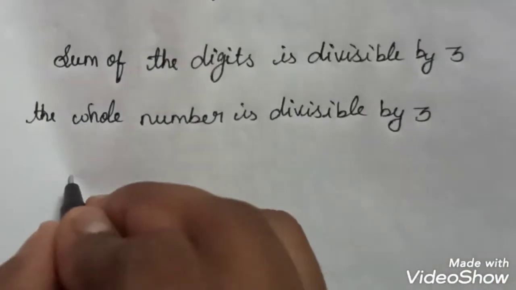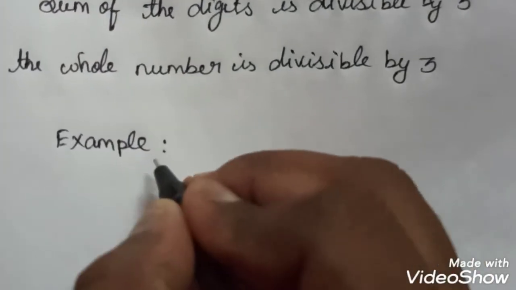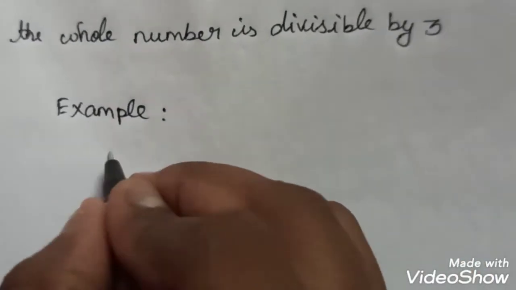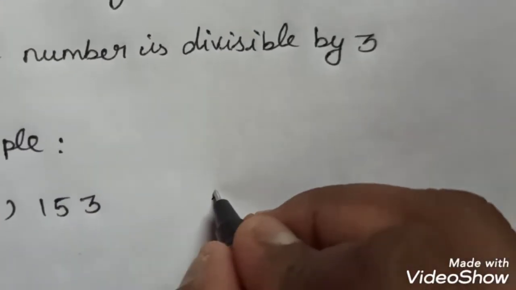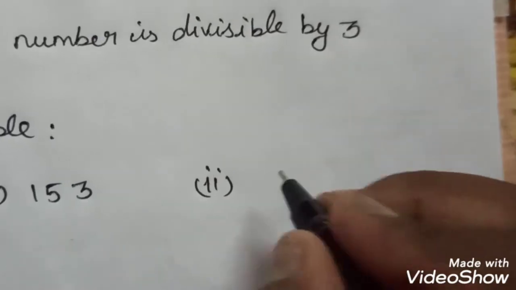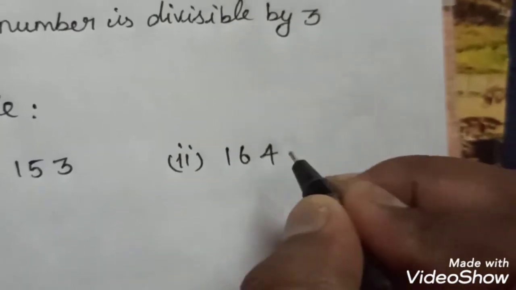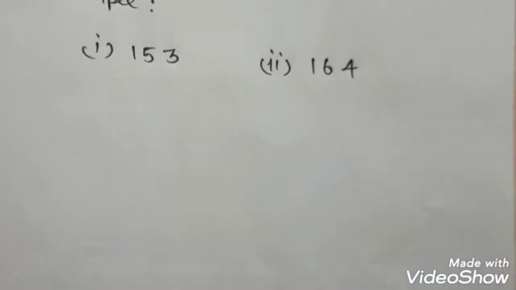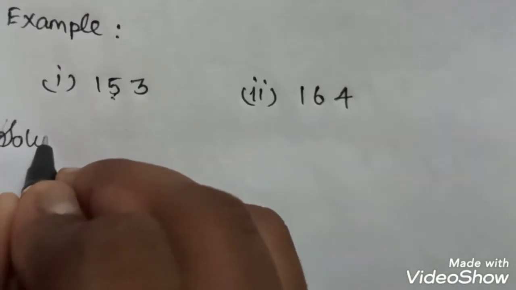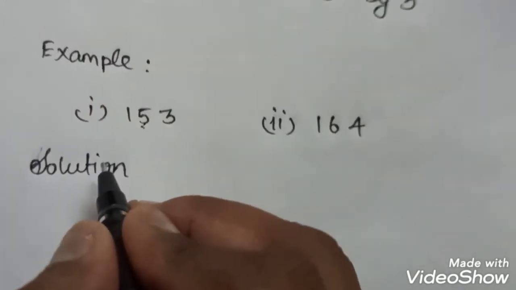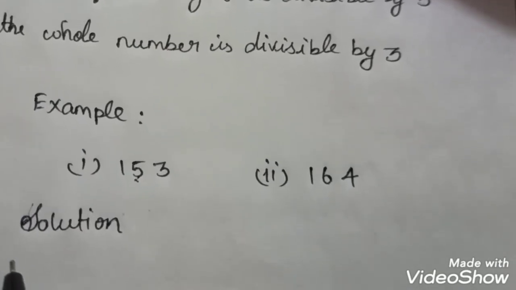So I show it by an example. Here I give two sums: one is 153 and another one is 164. First I check the first question. What is the rule? If the sum of the digits is divisible by 3, the whole number is divisible by 3.